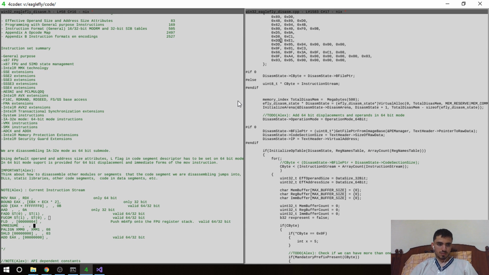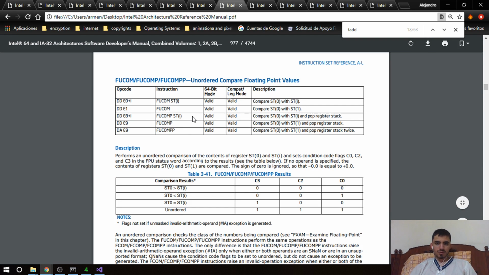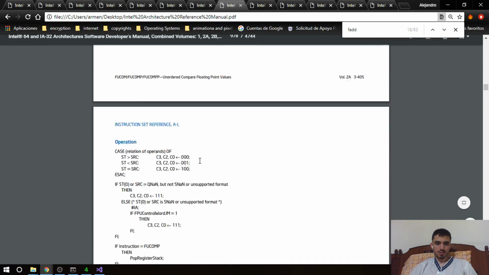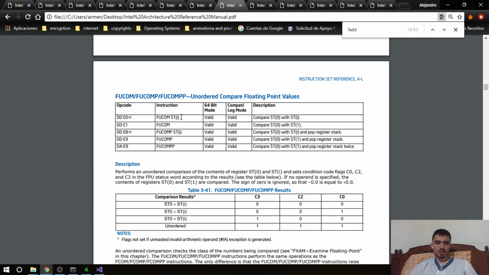Now the order, I don't know if the order matters here, because we have this one and it's valid. We have ST0 with STI. These are the results, C3, C2, and C0: if it's greater than, less than, or equal.